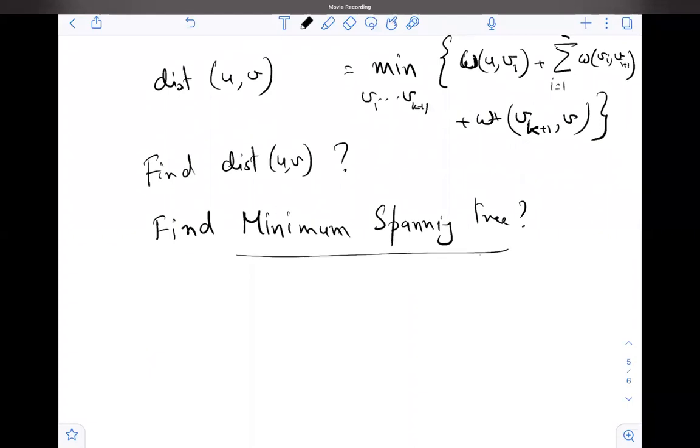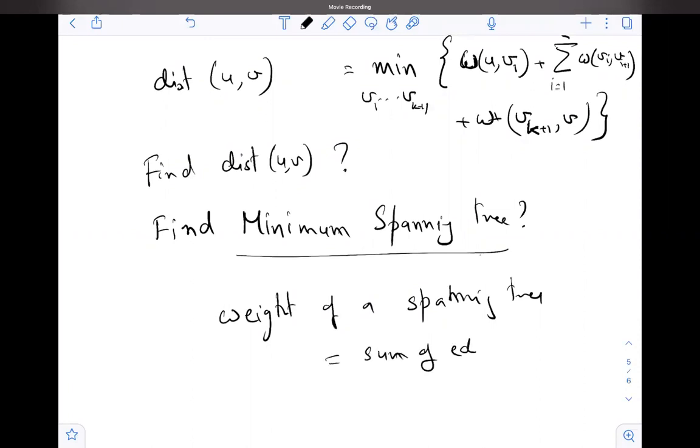The weight of a spanning tree is the sum of the weights of the edges in the tree. This is what is also called an MST. So these are the two questions that we will try to answer.